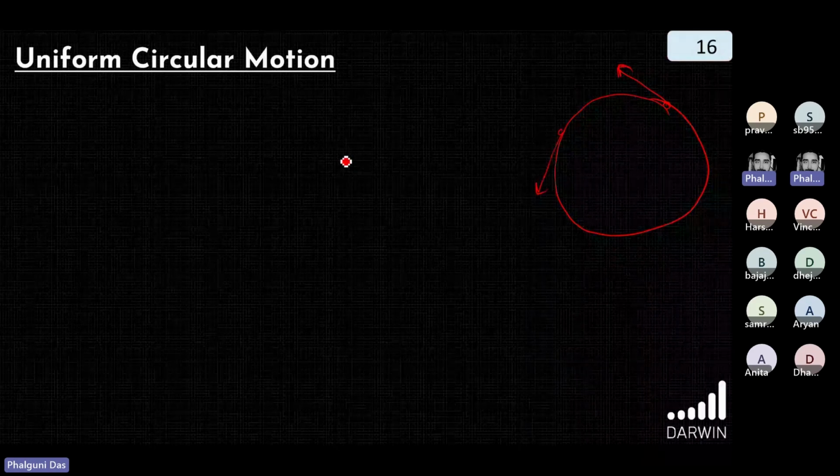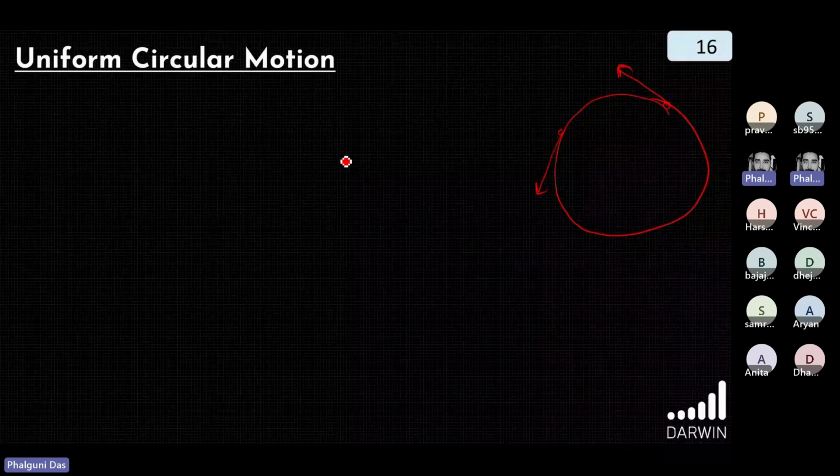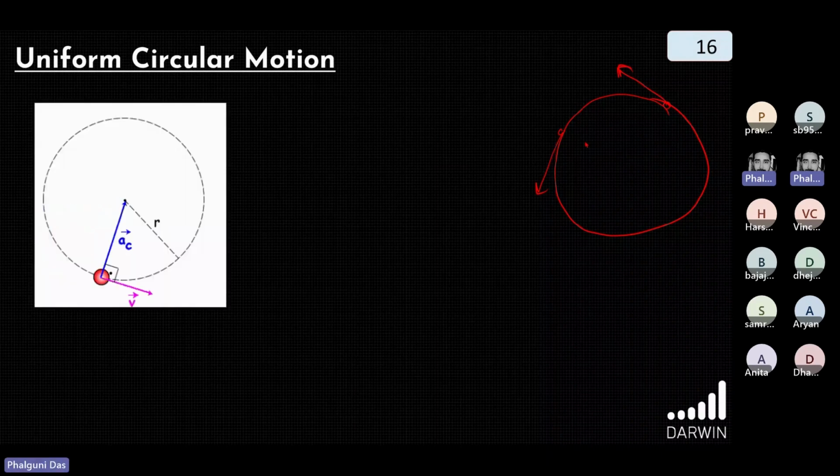Since the direction is changing, it will have some associated acceleration, which is called centripetal acceleration, meaning center seeking, so this acceleration points towards the center. Now, I am taking an example. This is an object that is moving in a circular path.